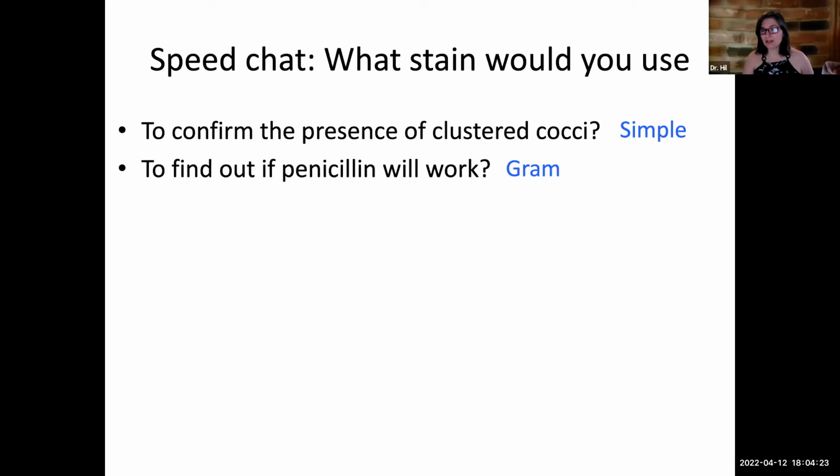If the gram stain reveals a purple cell, will the penicillin work or not work? All right, so we have a 50-50. And so hopefully by the end of chapter 4 next week, you will feel super solid in this answer.